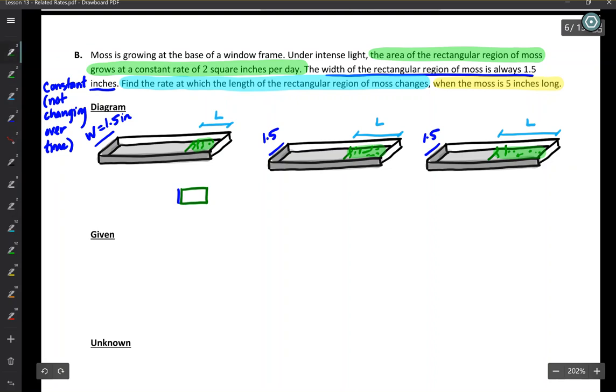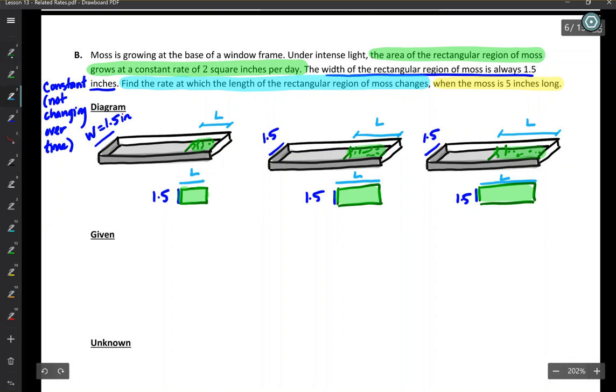We can fill this in with green. And the width is always 1.5, and then here's my length that's changing over time. There's your L.